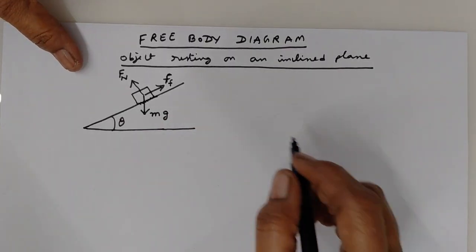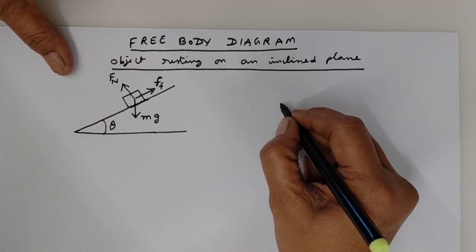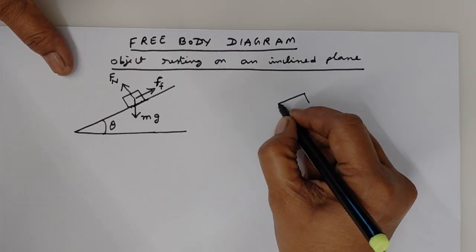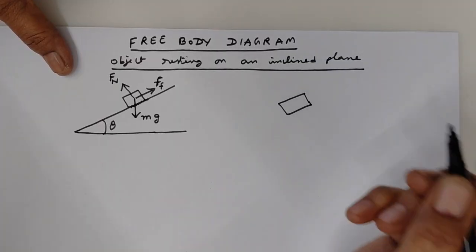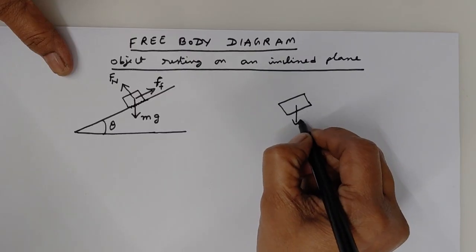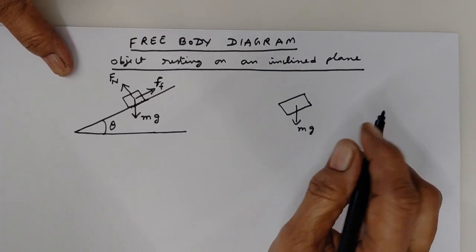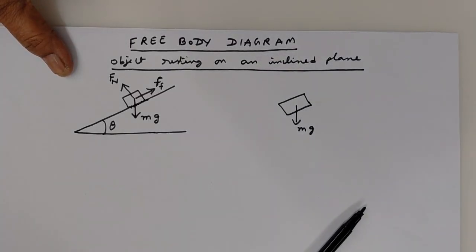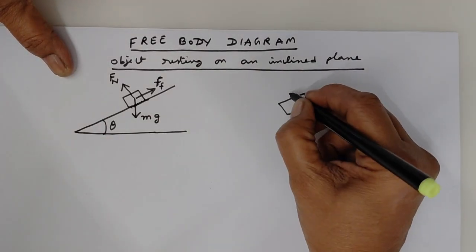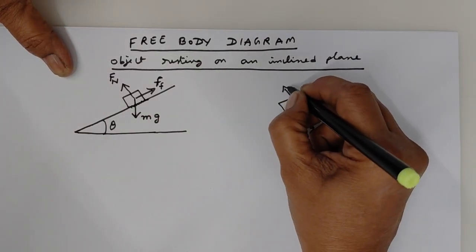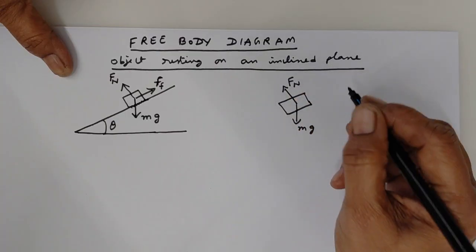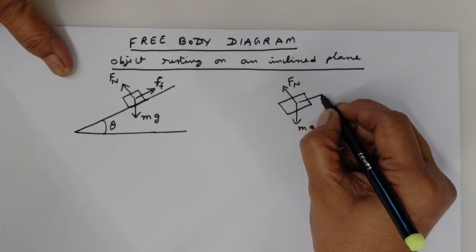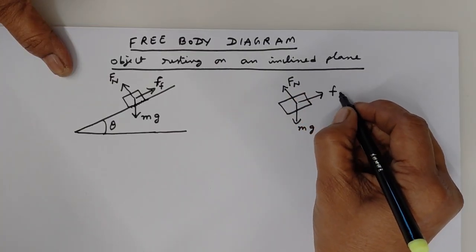So now let us draw the free body diagram and see what are the different forces that are acting on it. This is mg. Then normal reaction Fn and a frictional force Ff.